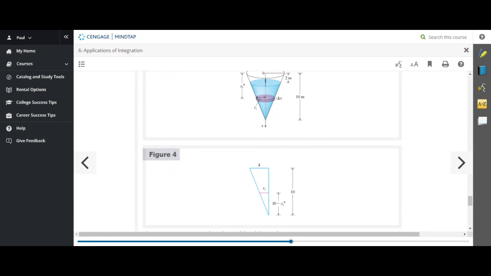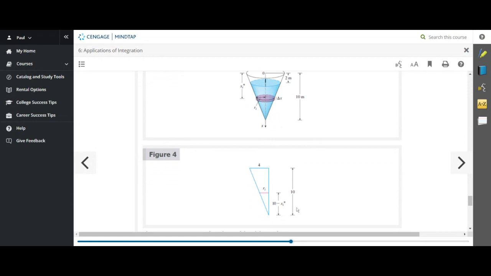Based on similar right triangles, we can set up a proportion and solve for that radius. Are there any questions so far? Okay, well then let us proceed on.